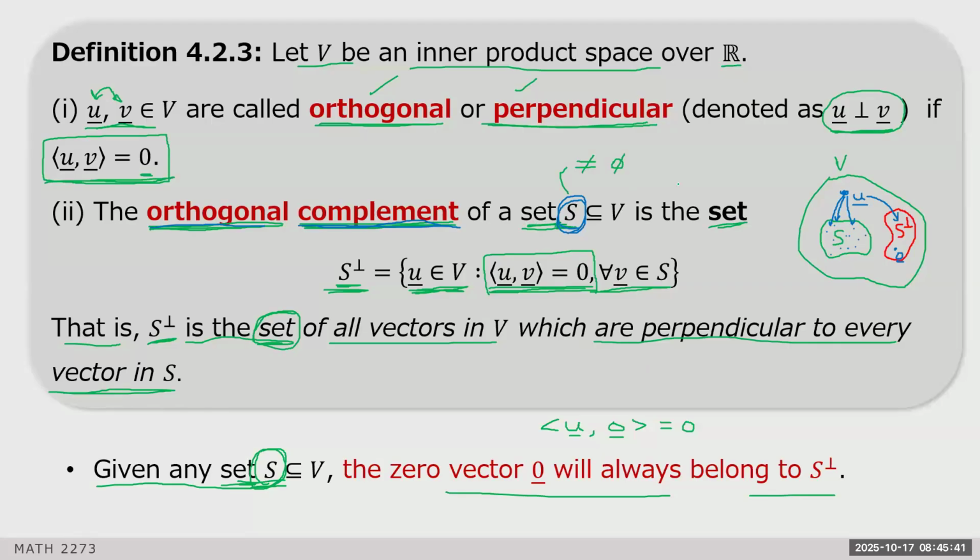I'll look into it. It's either going to be just the zero vector or the entire space. Because the proof will go: take any element in the empty set, then the inner product between that element and any vector will be zero.